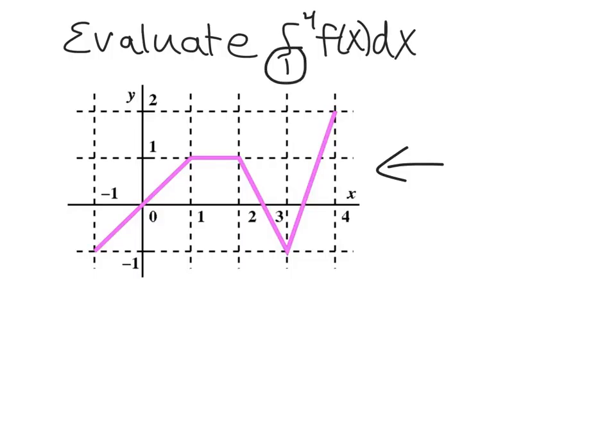We start from 1, so we've got to think about from here over to 4. And, well, we kind of have to separate this. If we go from 1 over to this point, that is going to be 2.5.